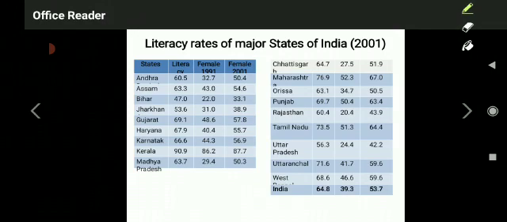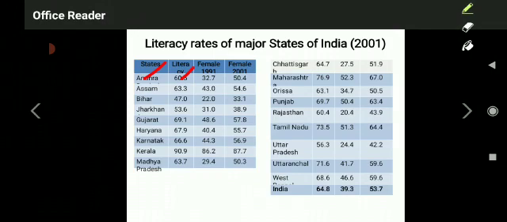Look at the first one, Andhra Pradesh. What was the literacy rate in 2001? It was 60.5%.